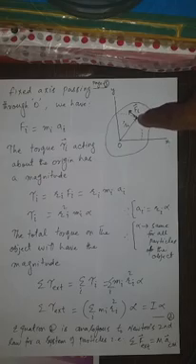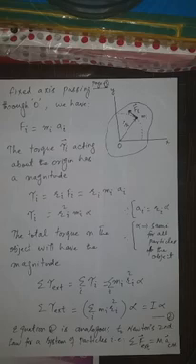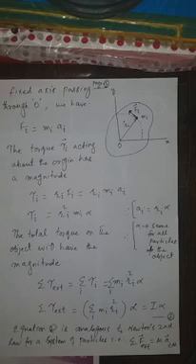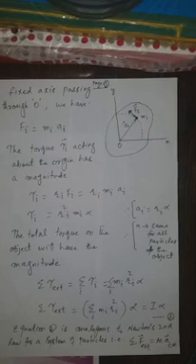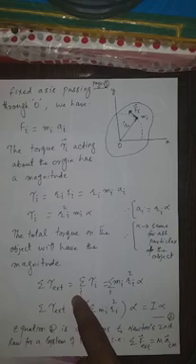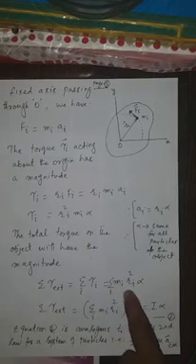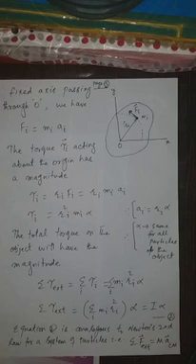If we take into account all the constituent particles of this rigid object, then the net torque caused in this rigid object under the influence of applied external force will be taken as summation tau external, equal to summation of tau i, equal to summation of Ri square Mi alpha.